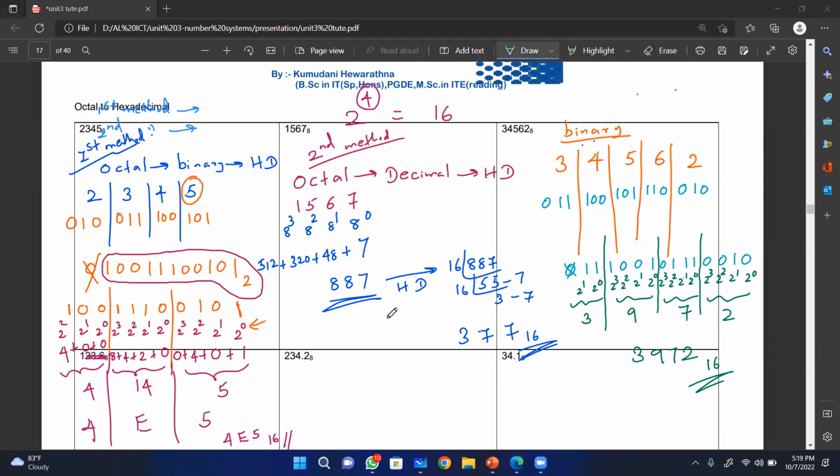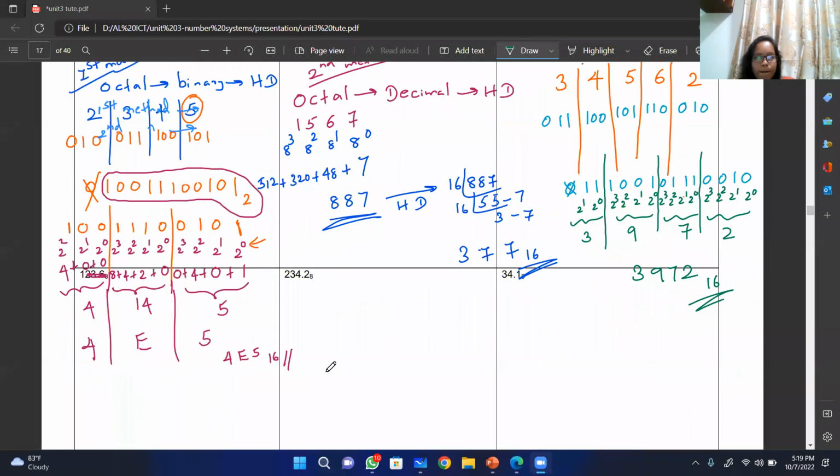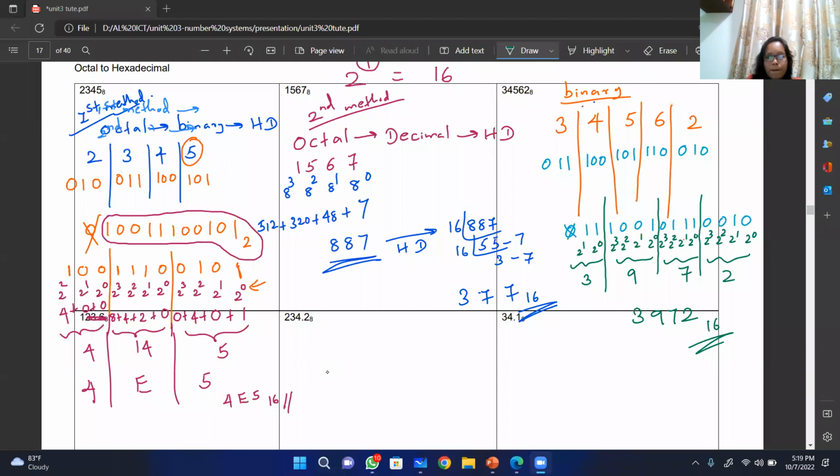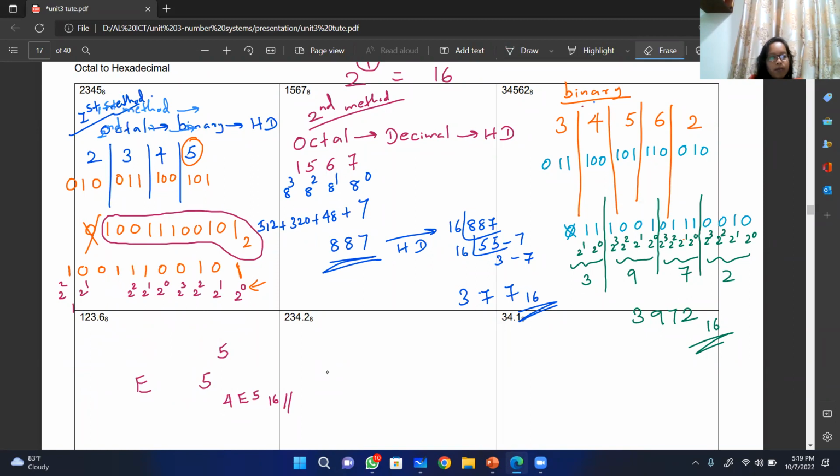Right, again, the next one. Let me erase this one. There's a fraction part as well: 123.6. Let's do this with the first method.